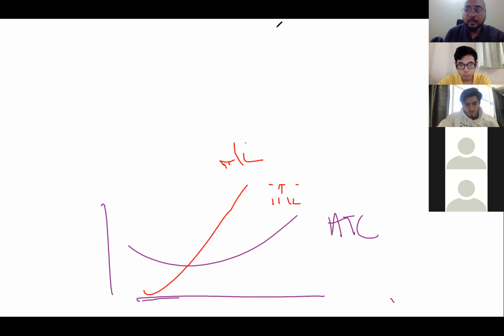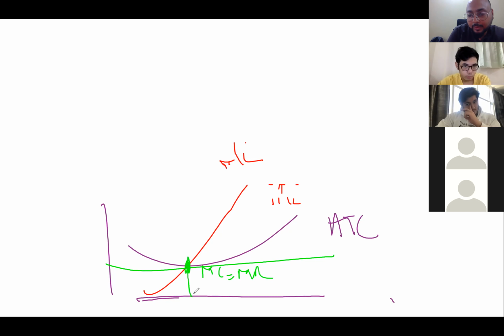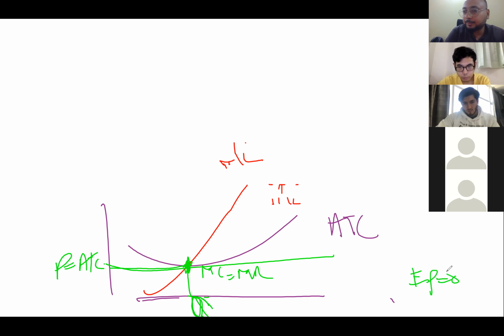What if the price is here? At this point MC is equal to MR, so we need to produce here. Producing this quantity, the cost is on the same line as the price, so economic profit is zero.